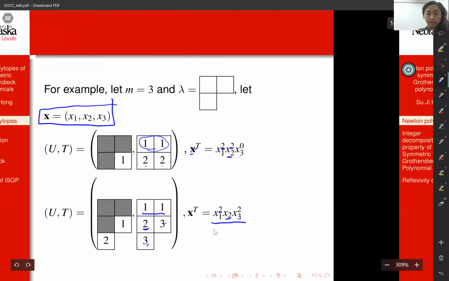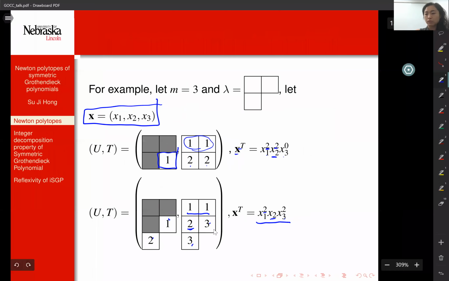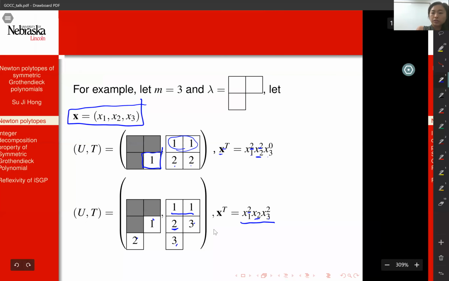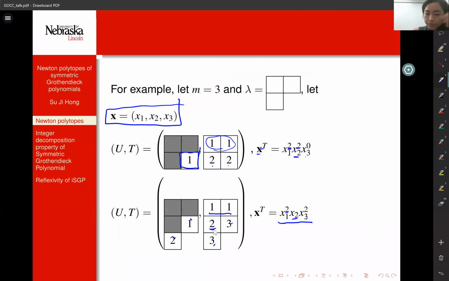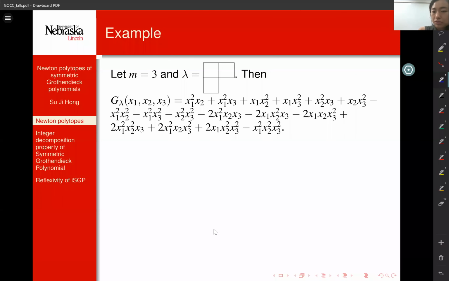So in this case, since u is just 1, we raise it to the first power, so we multiply by -1, and in this case, we just multiply by -1 squared. So given this, the symmetric Grothendieck polynomial is equal to this giant polynomial.